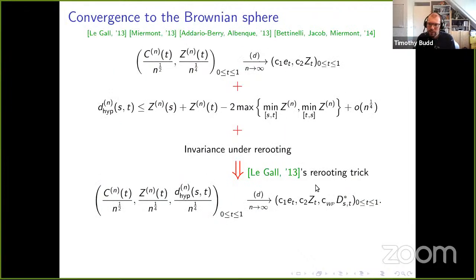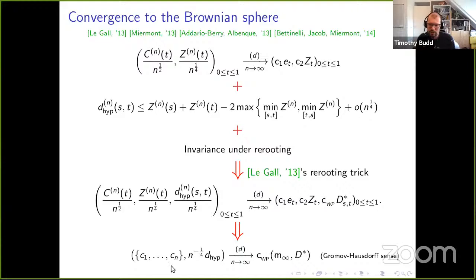So combining these ingredients together with rerouting invariance of the model that we started with, this origin cusp that we chose, it was just a uniform cusp. We can apply Legall's rerouting trick, and by this find that the hyperbolic distances parametrized by the contour of our tree actually converge to the Brownian distance function on the Brownian map. And this then implies the Gromov-Hausdorff convergence of this set.